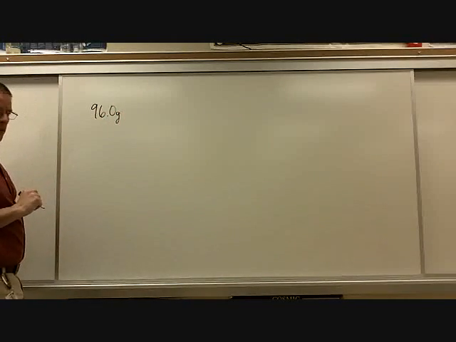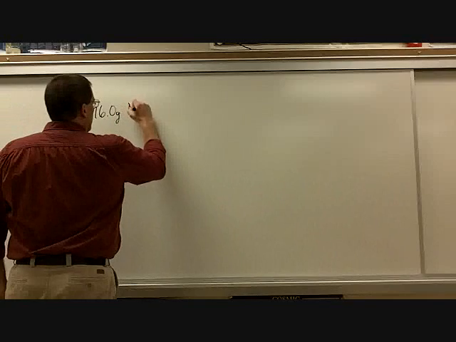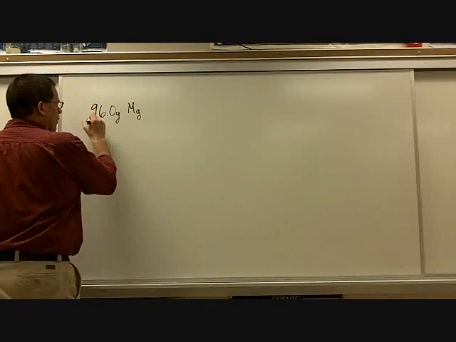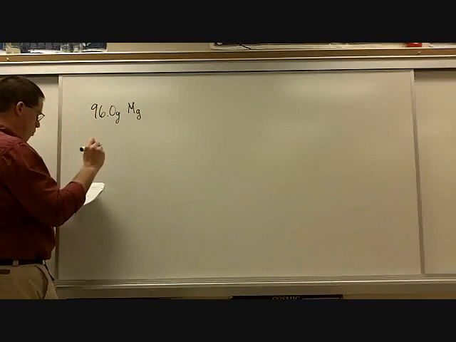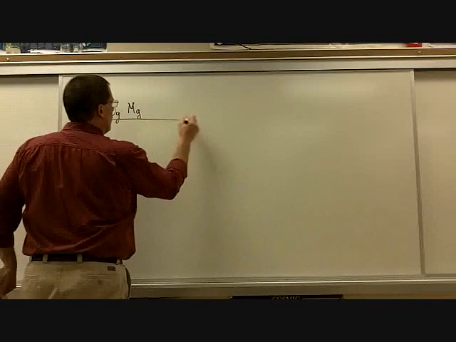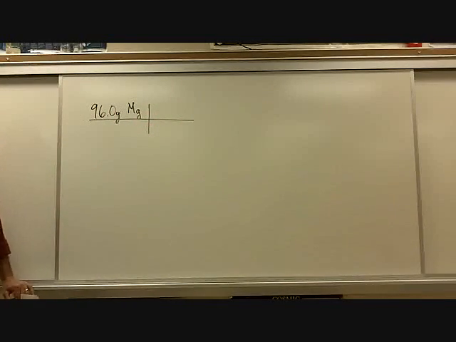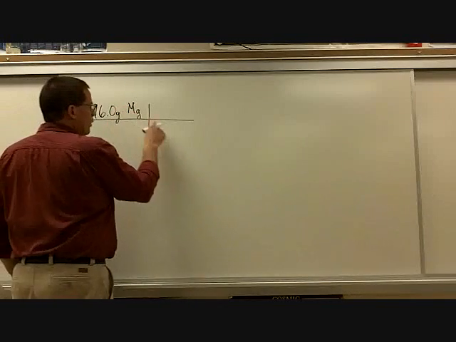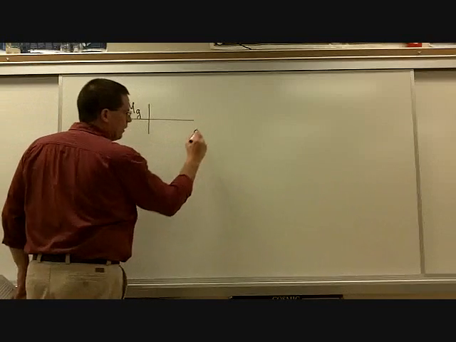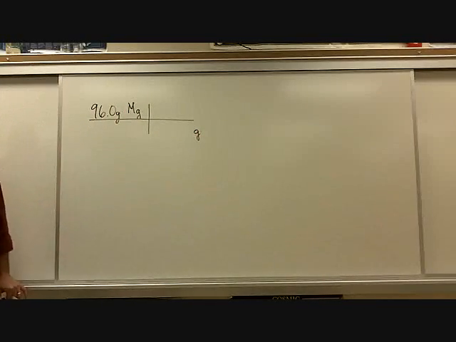What's the symbol for magnesium? Mg. Okay. So again, what we're going to do is we're wanting to go to moles. So like with any factor labeling, if it's not the unit you're looking for, we're going to move it diagonally. Now we'll put a number there in a second.